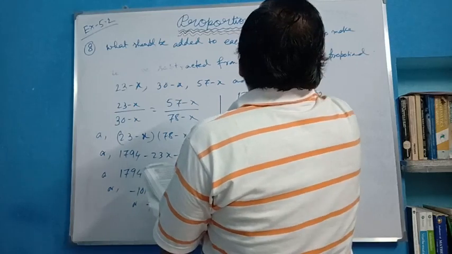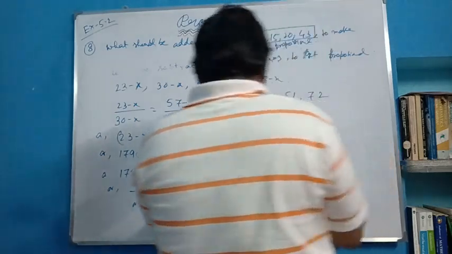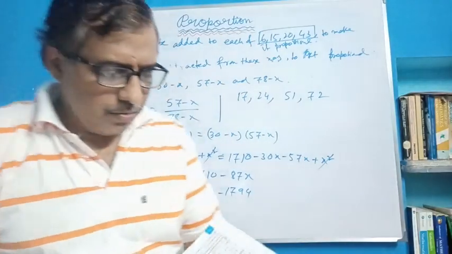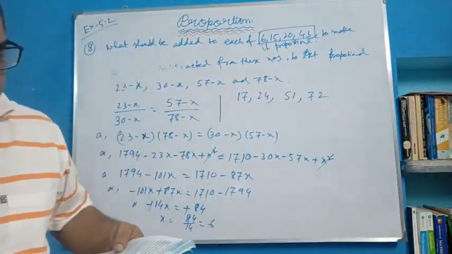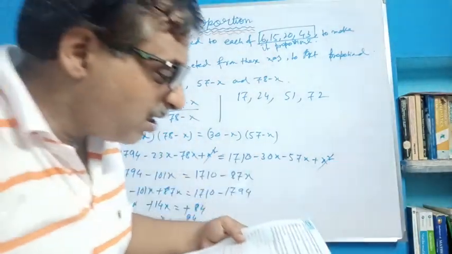What should be added to this to get these 4 terms in proportion? 6, 15, 20 and 43.